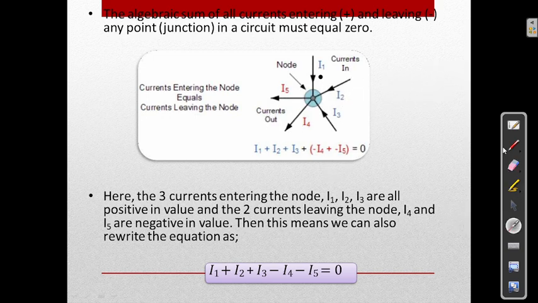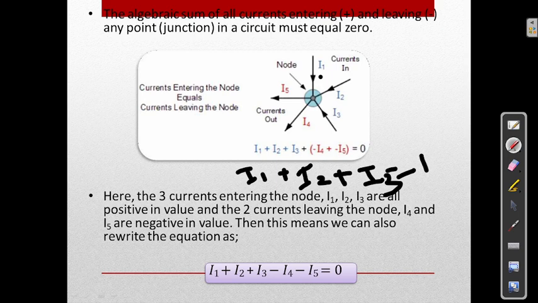If I4 and I5 move to this side, what will happen? They will take a negative sign.